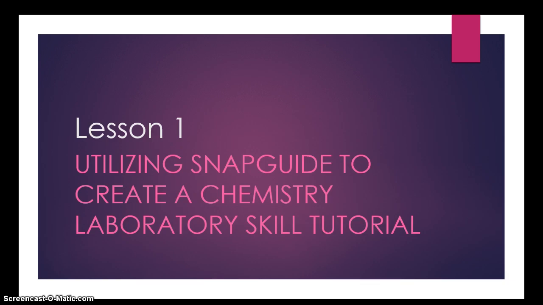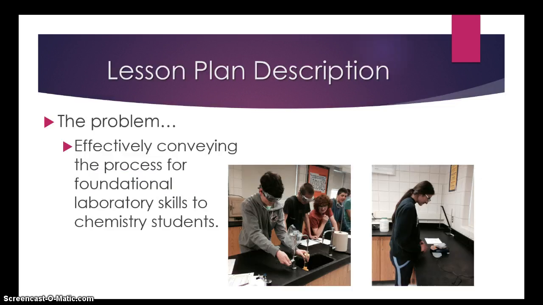The first lesson that I'm going to talk about is using Snapguide to create a chemistry laboratory skill tutorial. Foundational to successful lab experiences are certain lab skills or processes that students can easily learn and then repeat.